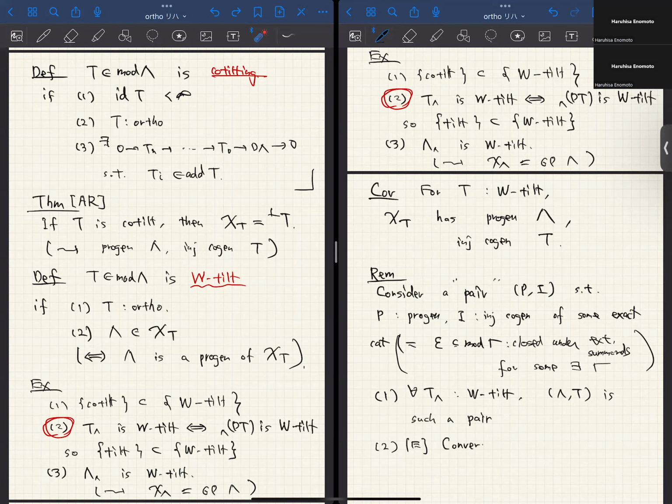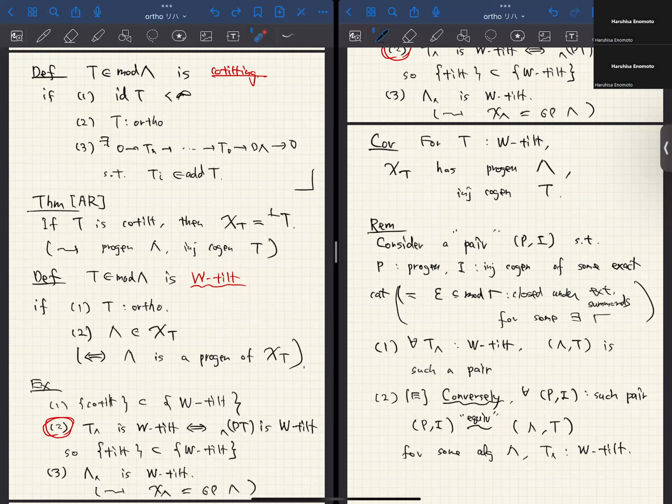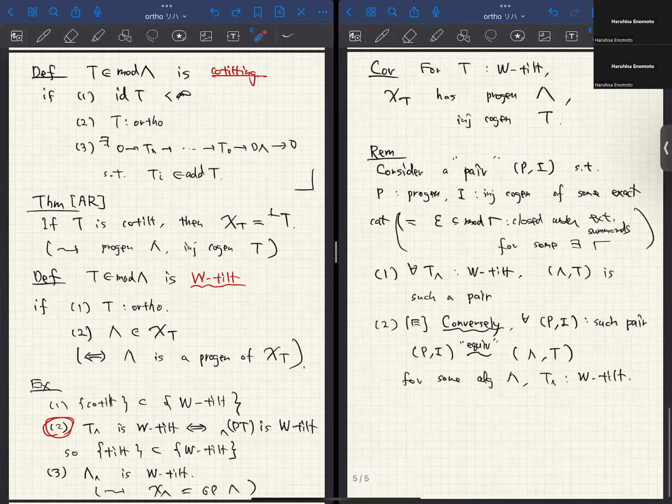Conversely, for any such pair, a progenerator and injective cogenerator of some exact category, this pair is equivalent to a pair arising in the first one, for some algebra lambda and T a Wakamatsu module. So the Wakamatsu module is very natural from the viewpoint of exact categories or subcategories of module categories, because it behaves like a universal injective cogenerator.